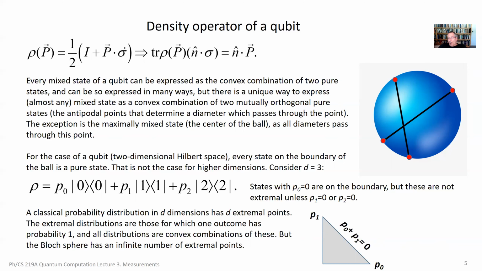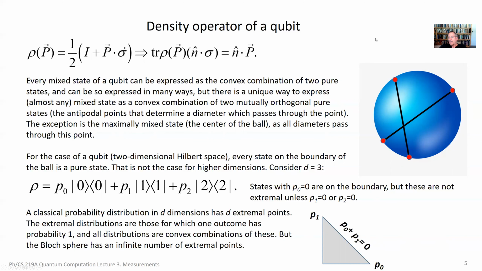But there's nothing wrong with expressing this point in the interior as a convex combination of two states which are not mutually orthogonal. In other words, I can consider any chord, and if it goes through this point, the density operator I'm trying to describe, then where that line meets the boundary, those are pure states, and with the right weights of the 2 endpoints in the convex combination, I'll hit this point.